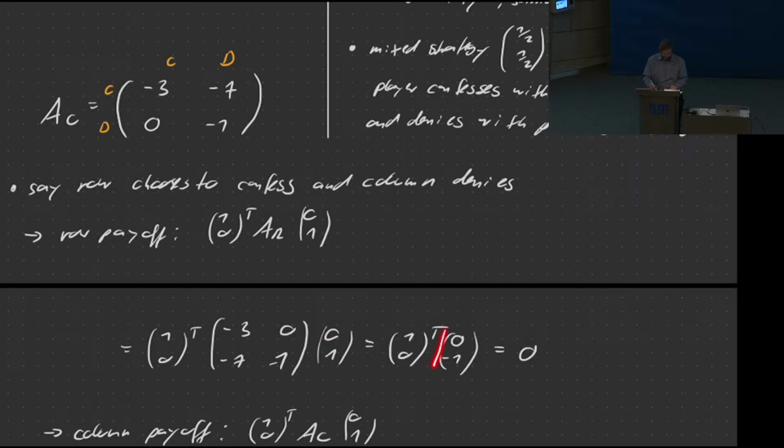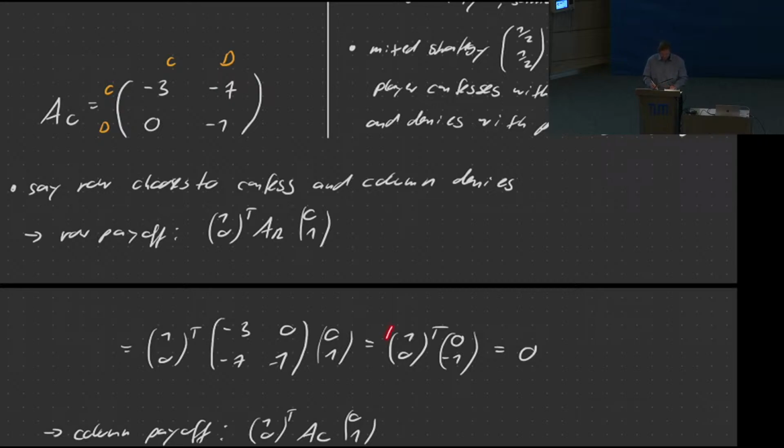If we do the computations, this here is the outcome. So you can see, given that the column player chooses this strategy, if row chooses to play row 1, then the outcome will be 0. If row chooses to play row 2, the outcome will be -1. In our case, we already fixed that up ahead. We said that row chooses to play confess, so (1, 0) is the strategy.